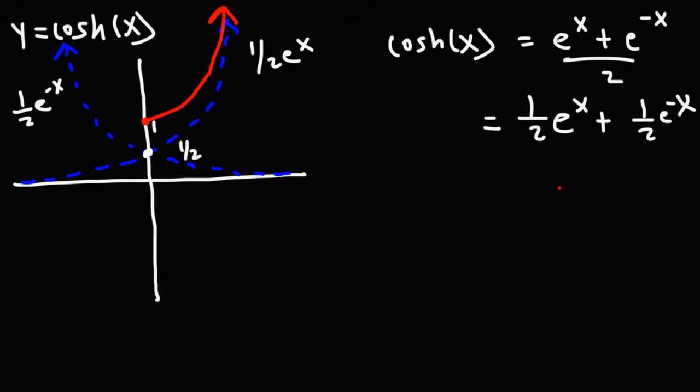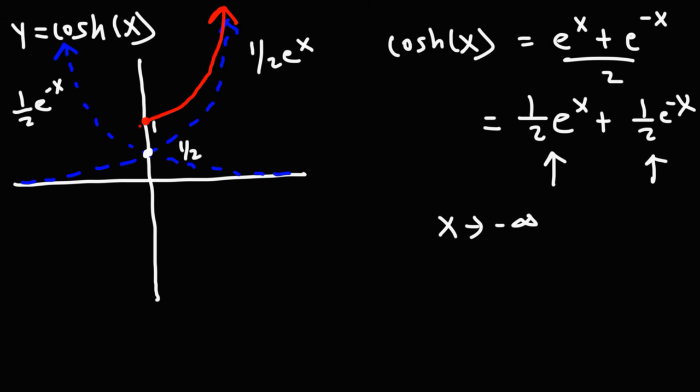As you move to the left and x goes towards negative infinity, this part 1/2 e to the x goes to 0, as you can see here, and 1/2 e to the negative x goes to positive infinity. So this is going to have a greater contribution to this function when x goes to negative infinity.